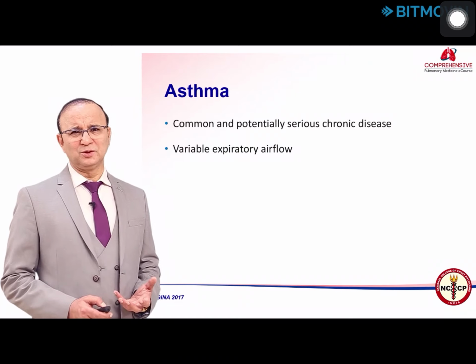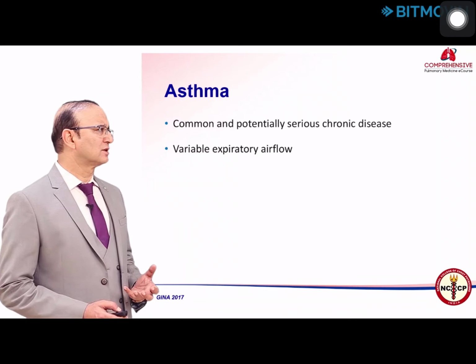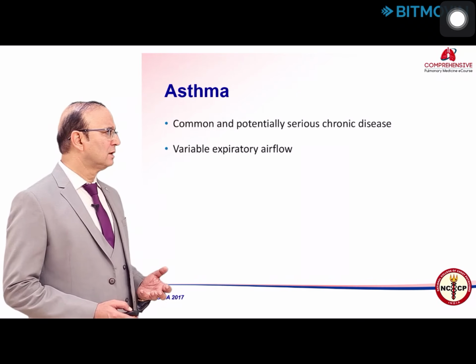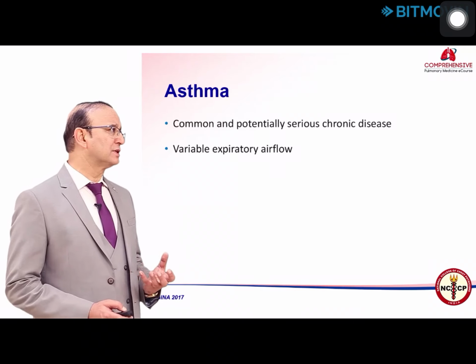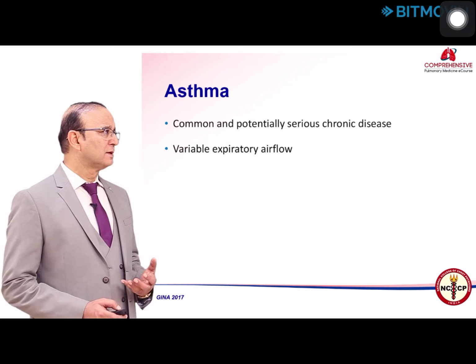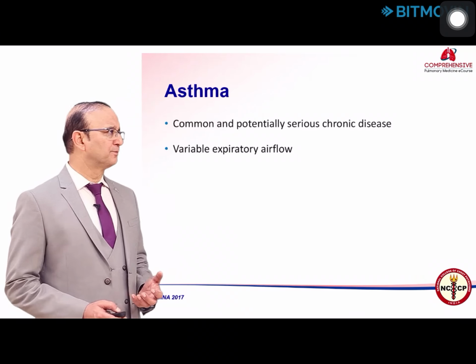Asthma, I think we know very well, is a common and potentially serious chronic disease that can be controlled but not cured. Asthma causes symptoms such as wheezing, shortness of breath, chest tightness and cough that vary over time in their occurrence, frequency and intensity.